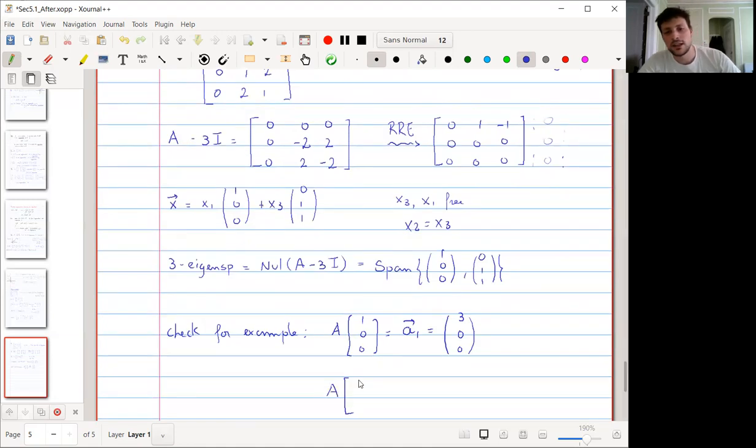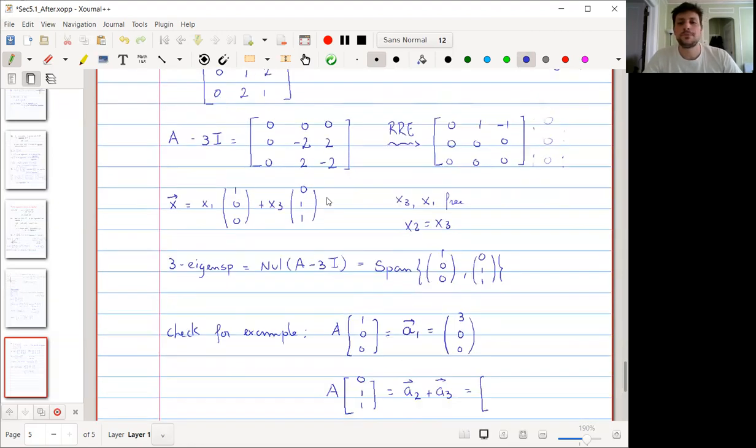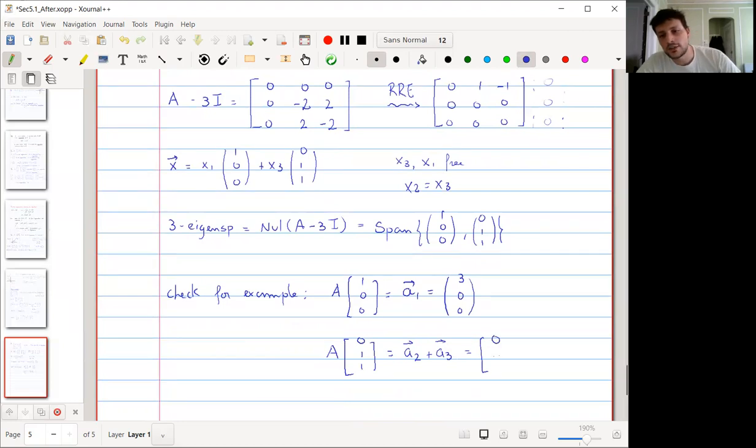Similarly, if I take 0, 1, 1, this vector adds together A2 and A3. If I add the second column and third column of A, I get 0, 3, 3, which is 3 times the initial vector. This is 3 times 1, 0, 0, and this is 3 times 0, 1, 1. So those 2 vectors are indeed eigenvectors of A.